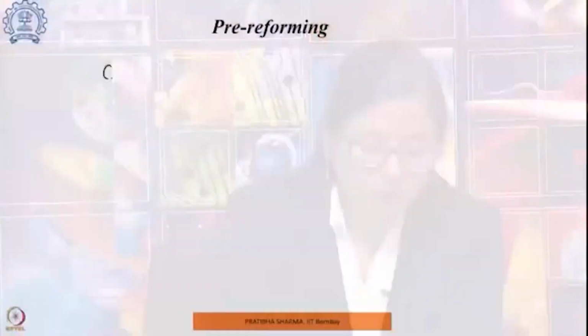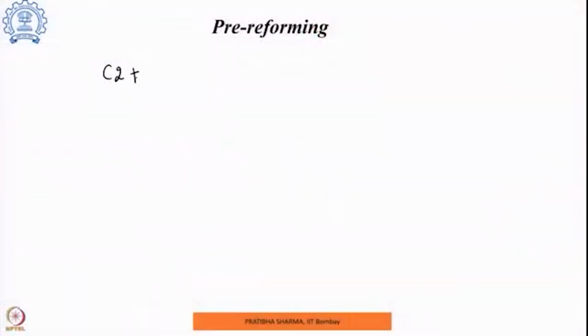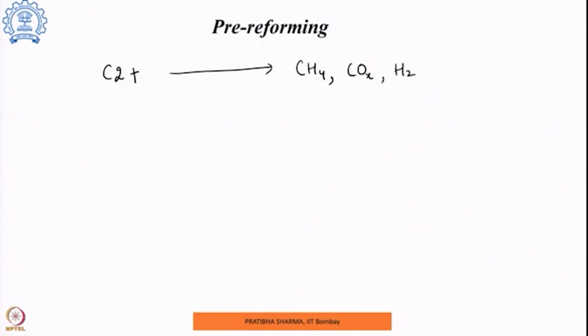any of the C2 plus hydrocarbons being used in the reforming process have to undergo an additional step which is known as the pre-reforming step, wherein these hydrocarbons are converted into lower hydrocarbons, specifically methane, carbon monoxide or carbon dioxide and hydrogen.